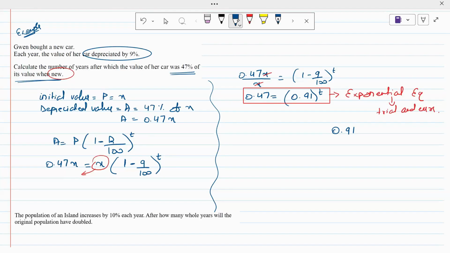So I have to go for power 9. So T has to be 9 years.